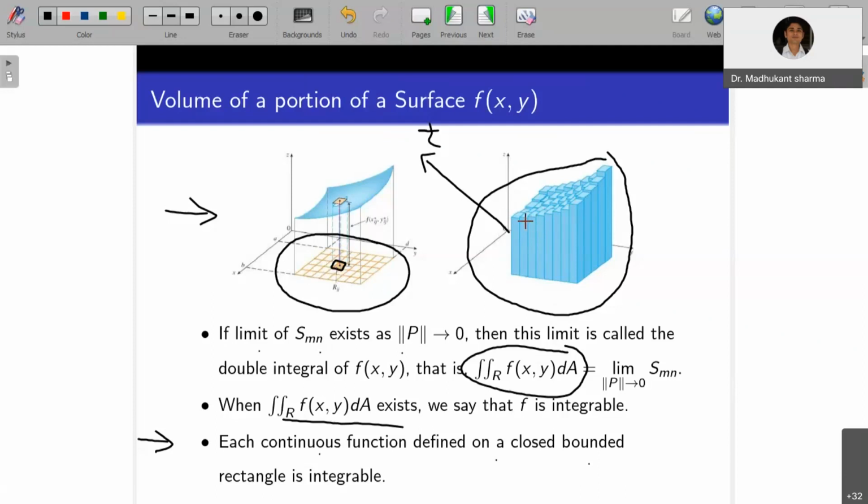You know the volume of the cube is nothing but dx into dy into dz. You can tag a point, you can tag a surface, and so on. So you can extend this definition to any domain in this way.